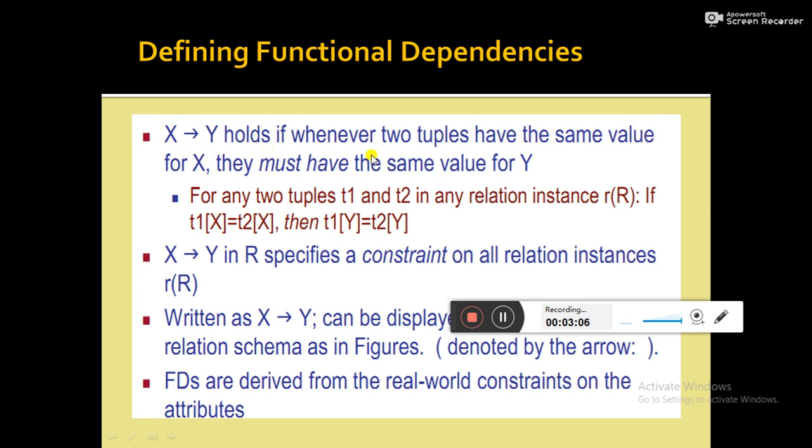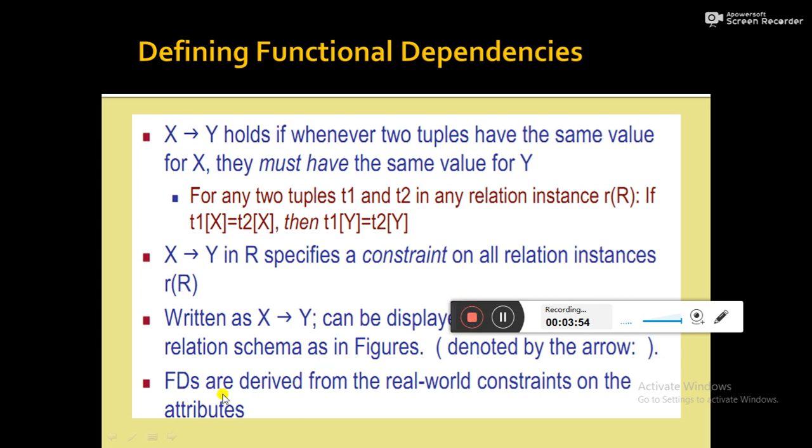X arrow Y holds if whenever two tuples have the same value for X, they must have the same value for Y. That means if we have two tuples t1 and t2 in any relation instance, then X arrow Y holds if the value of t1 for attribute X is the same as the value of t2 for attribute X, then obviously in the relation the value of t1 for attribute Y is the same as the value of t2 for attribute Y. As I have already mentioned, X arrow Y in R specifies a constraint between two sets of attributes X and Y.